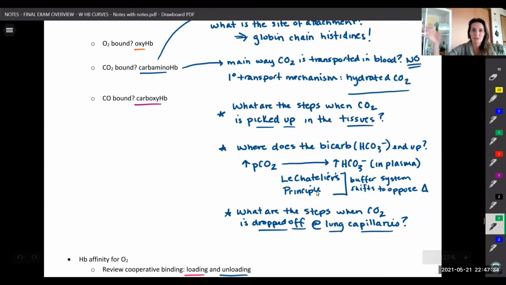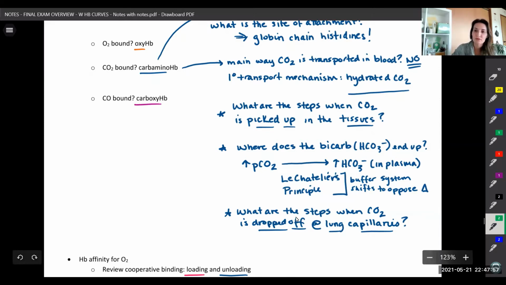The buffering system is shifting to oppose a change. We've loaded up on CO2 at the tissues, and we get this buffering reaction where we're now bringing down the levels of CO2, but producing more bicarbonate to help balance that increase in CO2 that's occurred here. And then what are the steps when CO2 is dropped off at the lung capillaries?